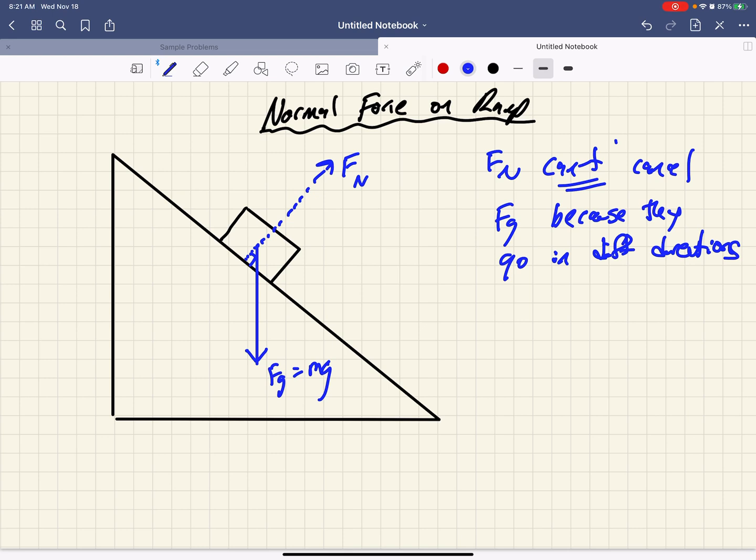So there's no possible way that this normal force is going to cancel gravity, which is why, think about it logically, the object begins to slide down. Because Fn doesn't cancel Fg, so we can say Fn does not equal Fg.